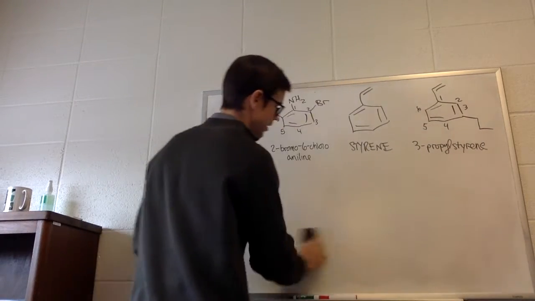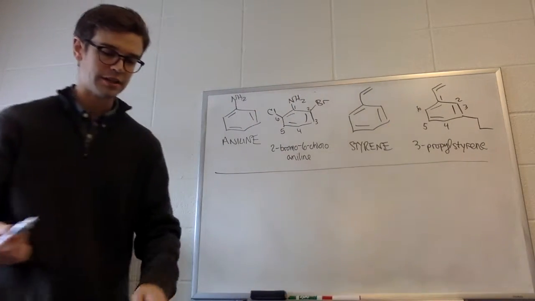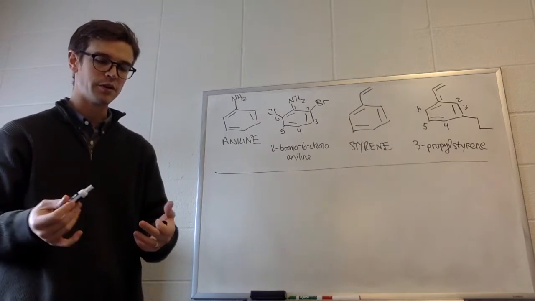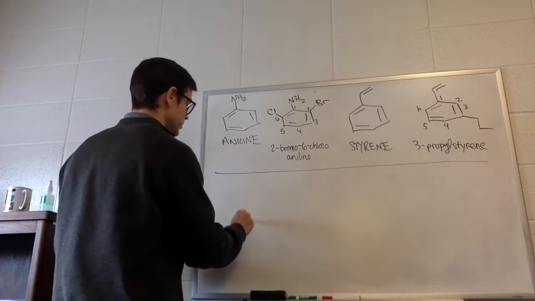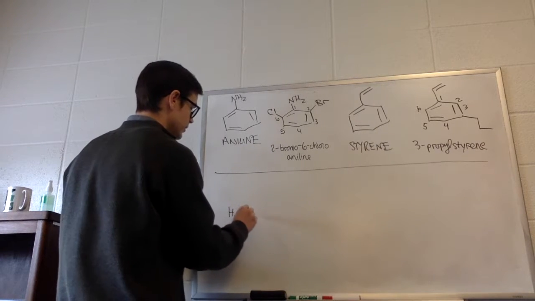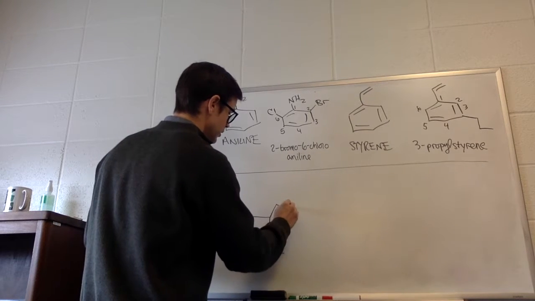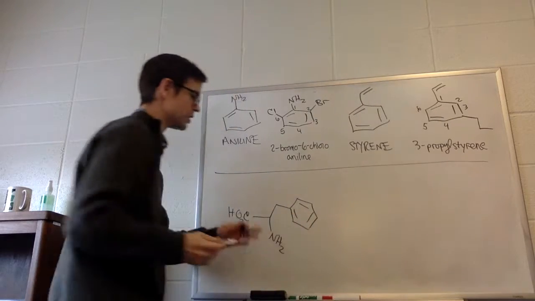The last thing about nomenclature is that sometimes you'll see benzene as a substituent group, and if that exists, sometimes it's shorthanded. So for instance, this is an amino acid.